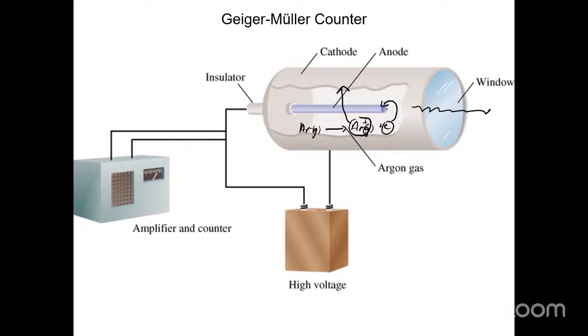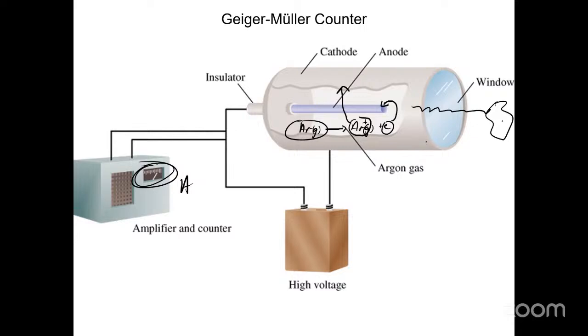Each time that happens, a pulse is recorded here. That's basically how it works. When you point the probe to your radioactive material, you're going to have, of course, a lot of argon atoms being ionized, and therefore that would be measured here and registered as the activity of the nuclear material that is emitting the radiation.